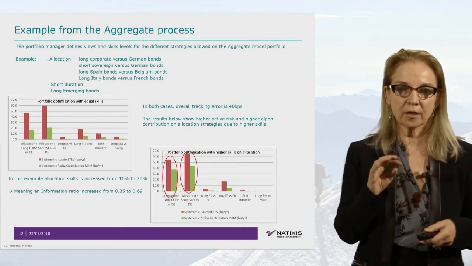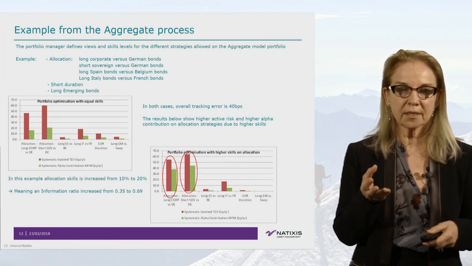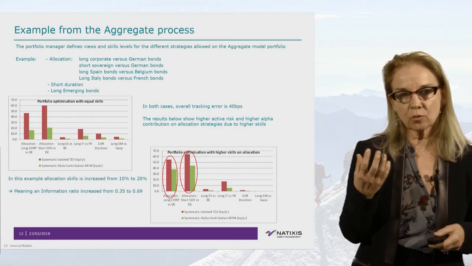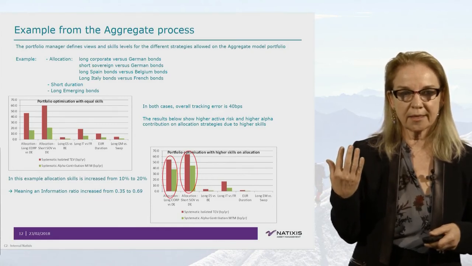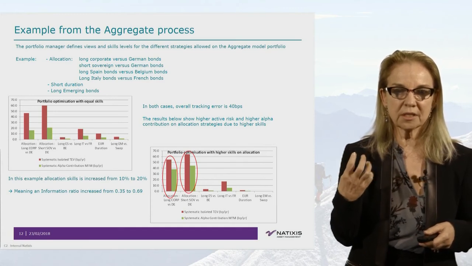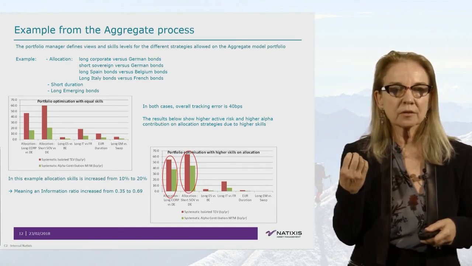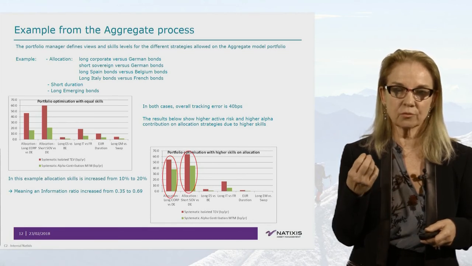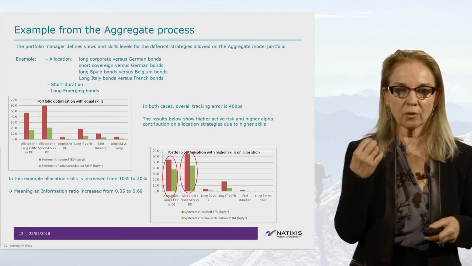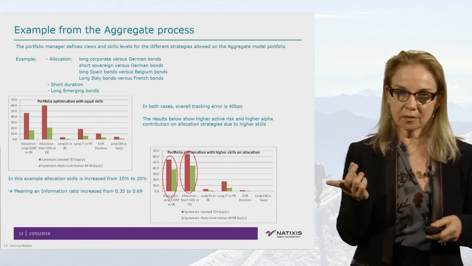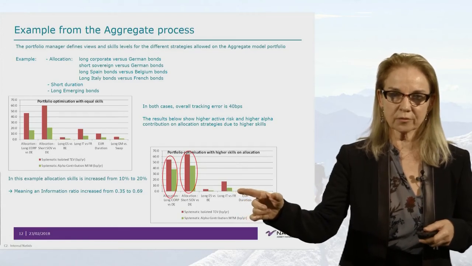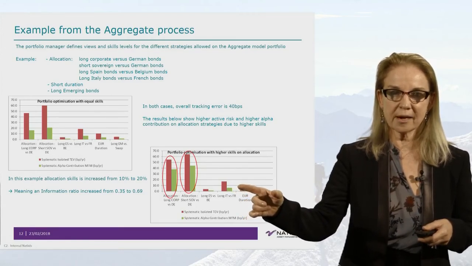So you have two figures. The first one is the portfolio optimization, supposing that the skills are equal for all the strategies. The portfolio optimizer gives you the weights on each strategy, the risk attribution on each strategy, and also the alpha attribution on each strategy. On the other side, you have a skill which is increased from 10 to 20% for the allocation strategies.